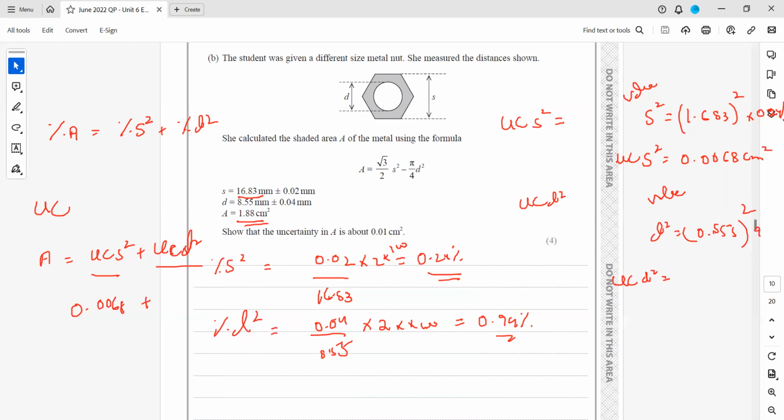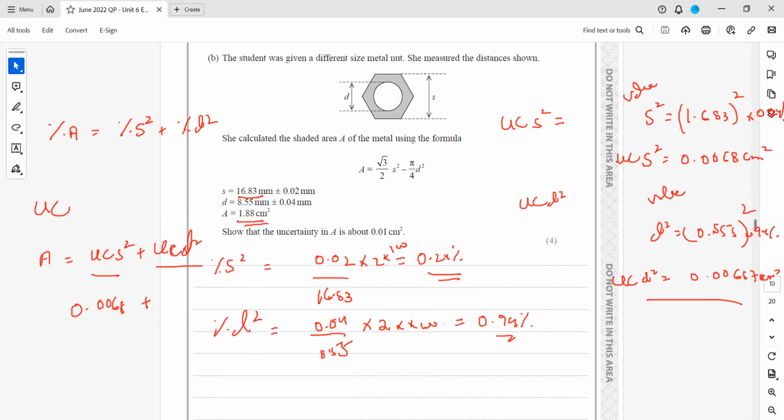So we work out 0.94% of this value, which is 0.00687 centimeter square.